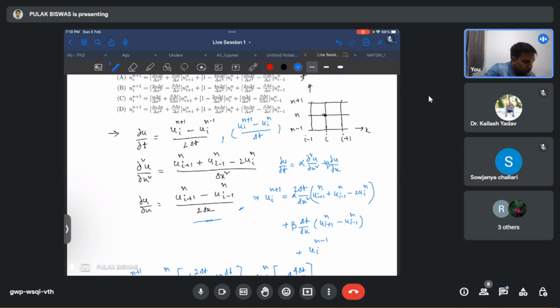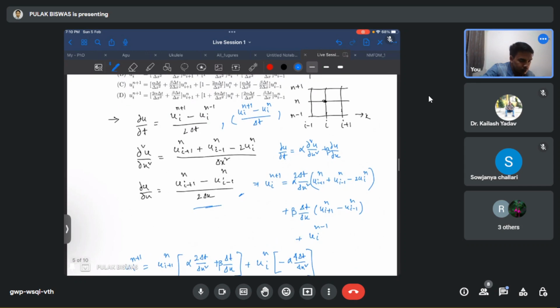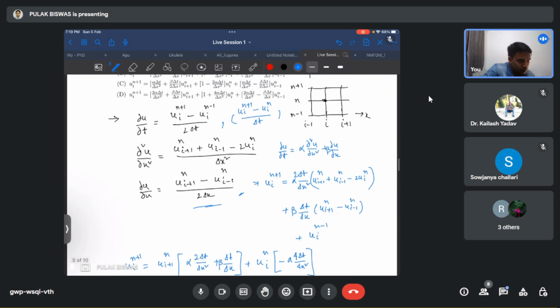So this will be similar to this one, the first term, but this 2 will not be coming. This 2 will not be coming, but this term will be the same.